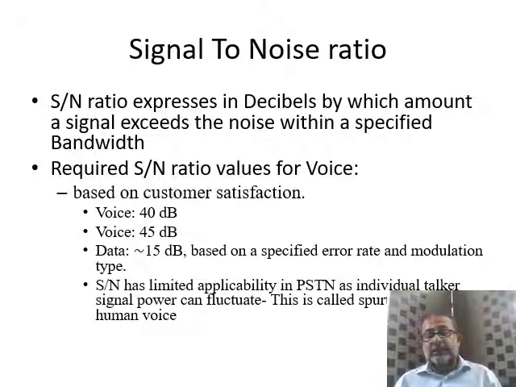And in case it is 40 dBs or 45 dBs, then it would be an intelligible voice for humans. But if we are sending some data, then 15 dBs would suffice. But that is also specified based on the error rate and the modulation type.